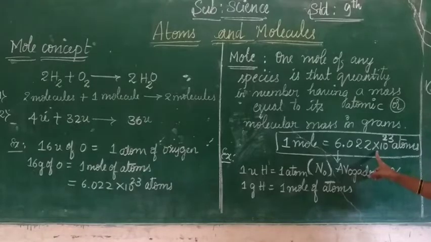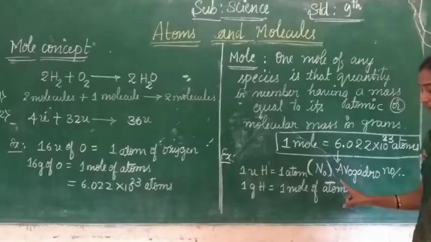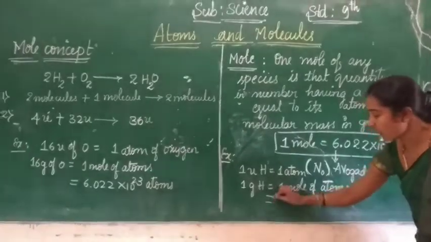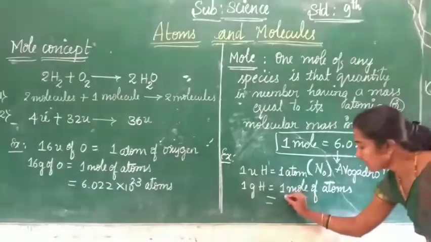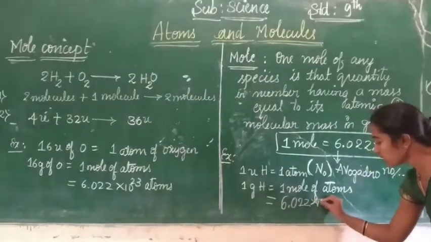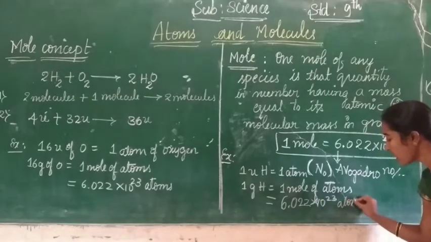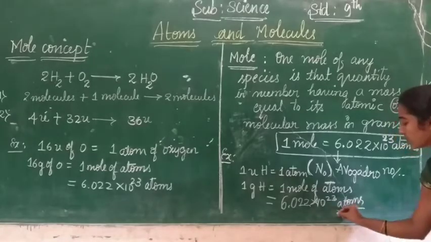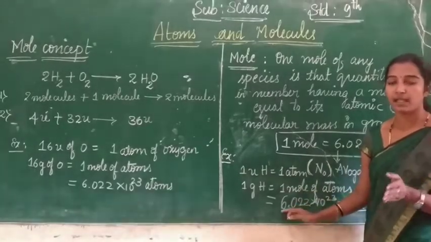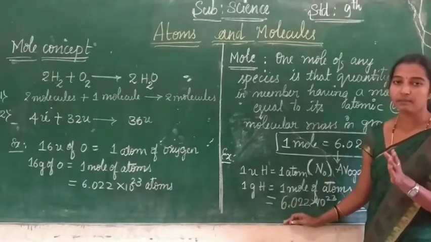Look here, children: 1 gram of hydrogen is equal to 1 mole of atoms of hydrogen. This 1 mole of hydrogen contains 6.022 into 10 to the power of 23 atoms of hydrogen. This value was obtained experimentally and then taken as a mole.